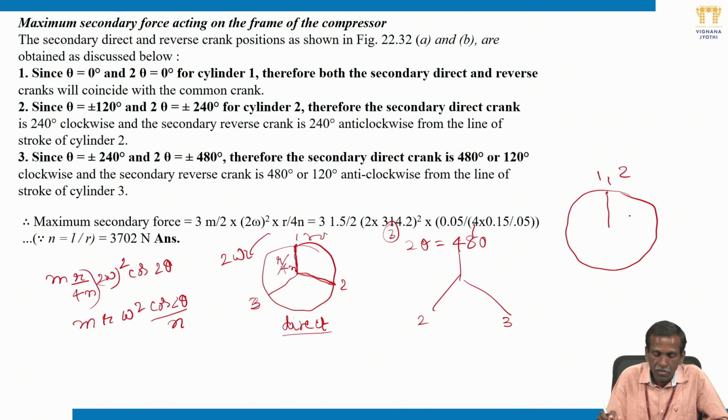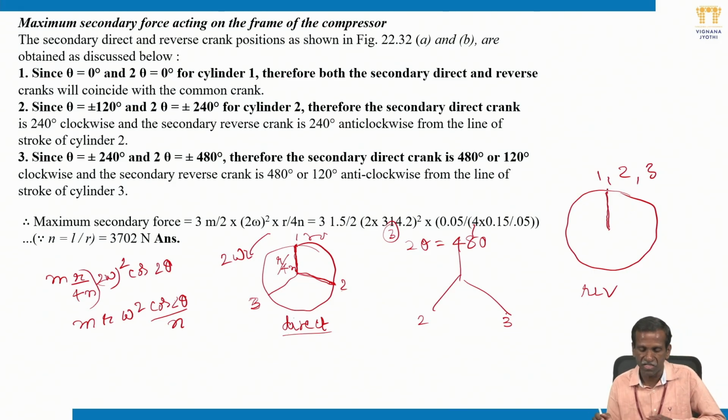Then the third one, 240 means 480, that is 360 plus 120, again it has to rotate 120. This is the reverse crank I am talking about, 120 anti-clockwise, because the initial position is this one, 120, if you rotate anti-clockwise. So these are the reverse cranks. Reverse cranks all are coinciding with their original crank positions.